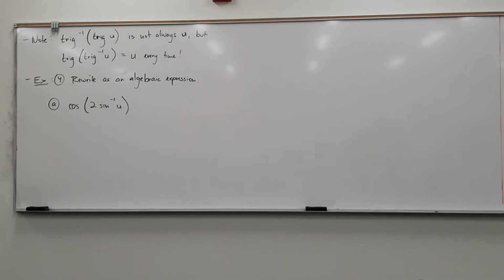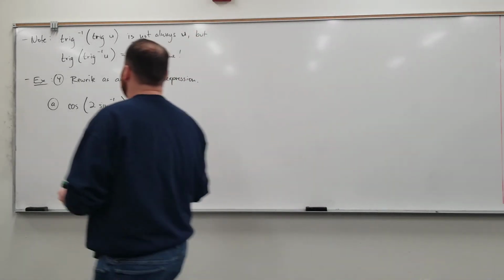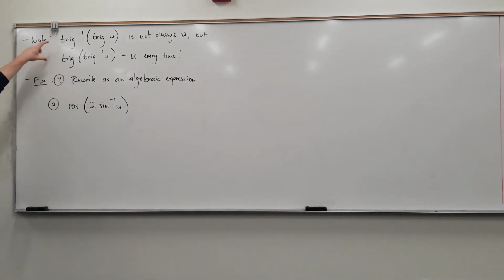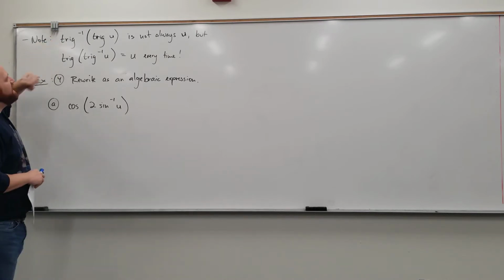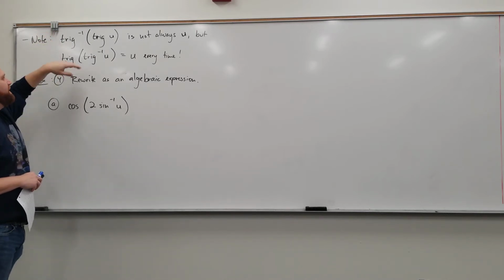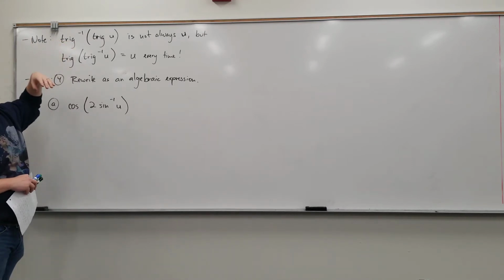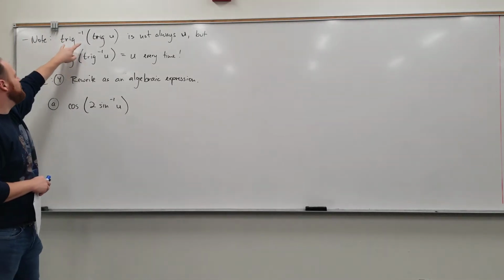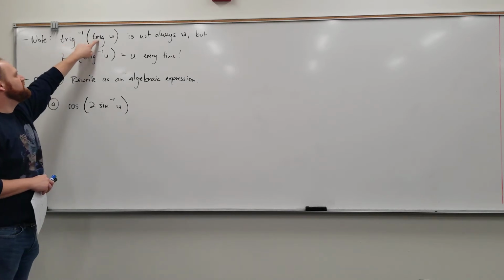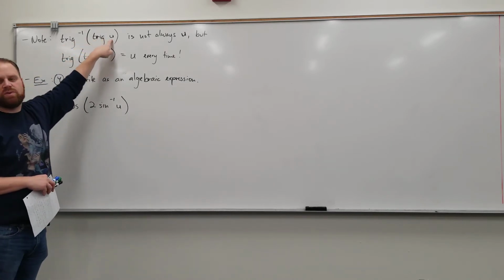Okay, last set of examples here for 6.1. So here I've just written out something that we said in the previous video, or maybe it was a couple videos ago, but when you're dealing with these inverse trig functions, it's not always the case that trig inverse of trig of u equals u.